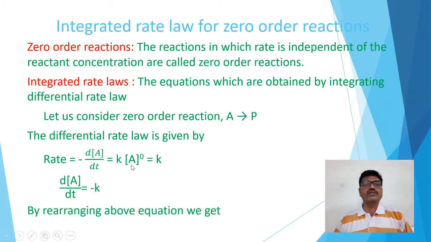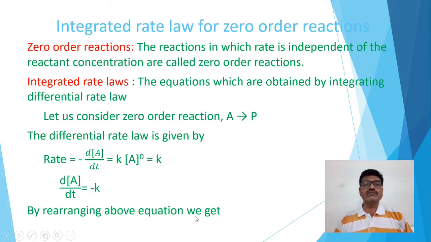In this case, as the rate does not depend upon the concentration of this reactant, we can write rate is equal to k, or that is d molar concentration of A upon dt, which is equal to minus k.